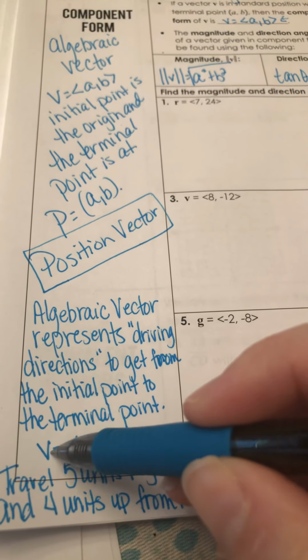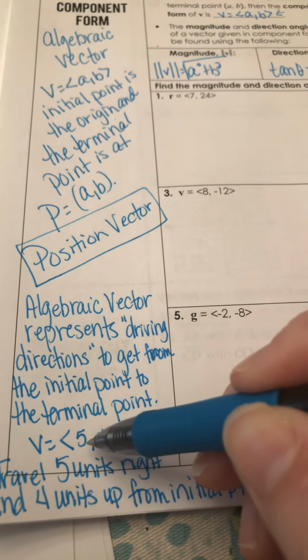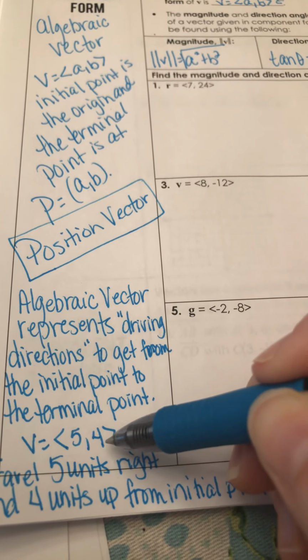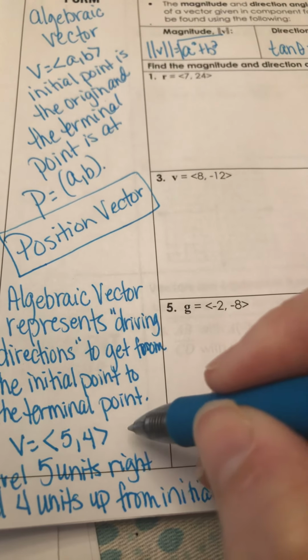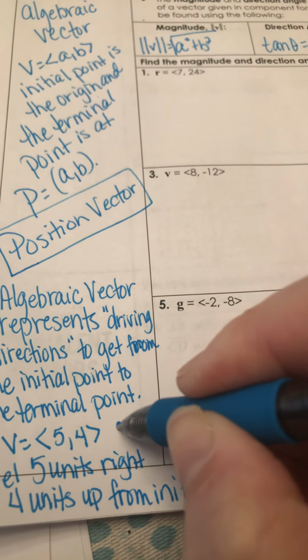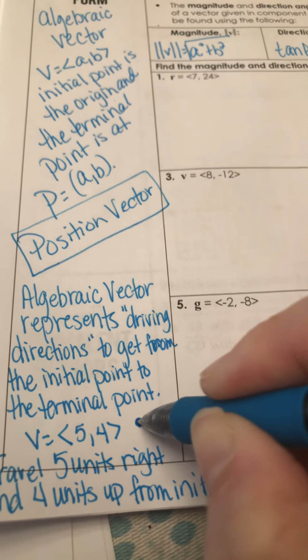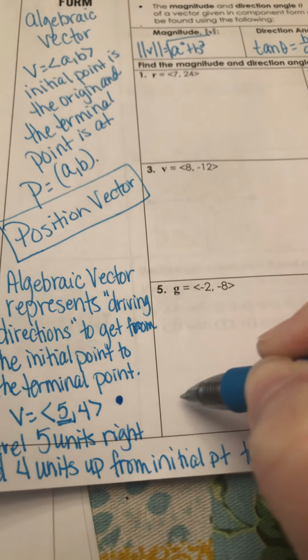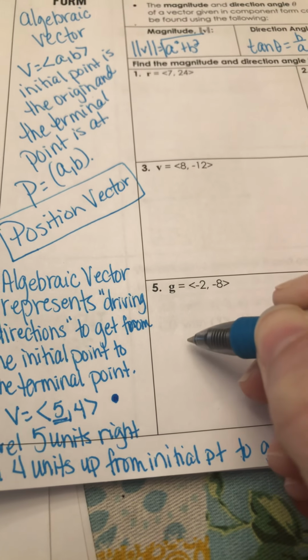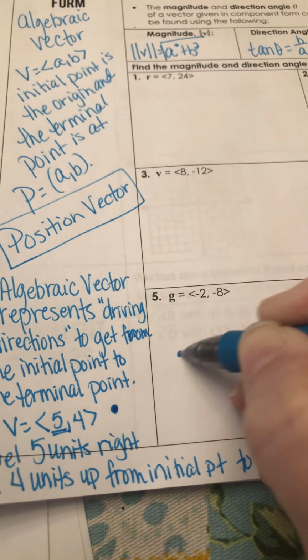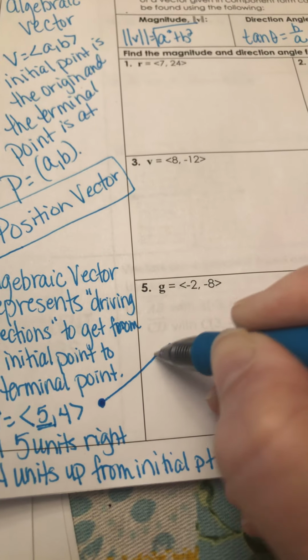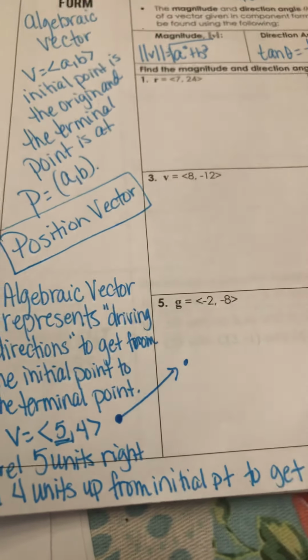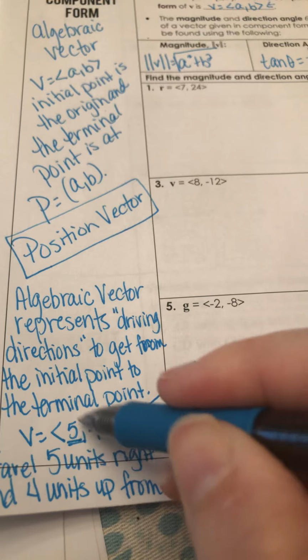So if you have a vector that's in standard position, (5, 4), remember, you're starting at the origin for your initial point. And then you're going to go 5 units to the right, and then you're going to go 4 units up. And that will get you to your terminal point. Initial to terminal. So this is going to be your right and left.